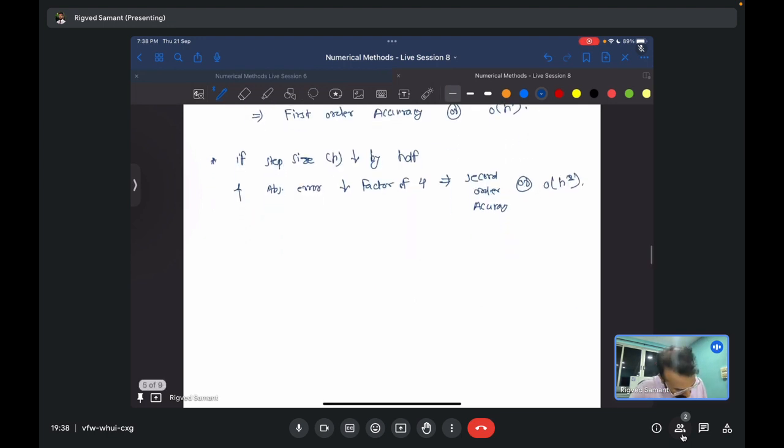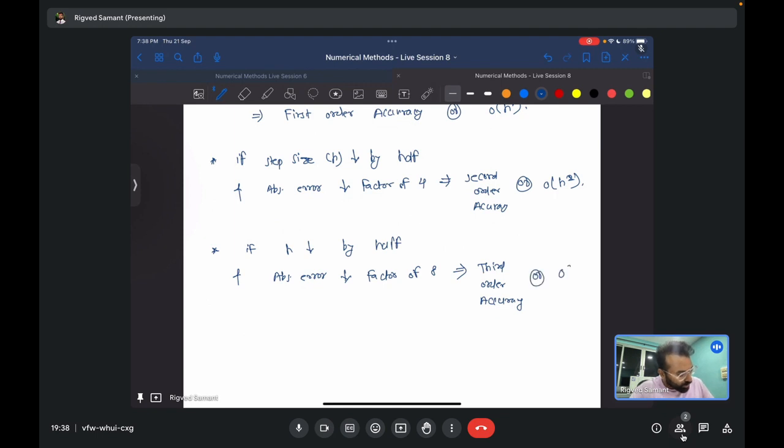Now we get the idea. If h decreases by half and absolute error decreases by a factor of 8, third order accuracy, or it is also represented as O(h^3).